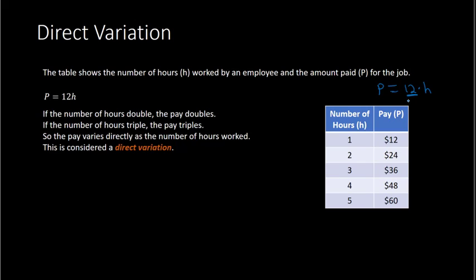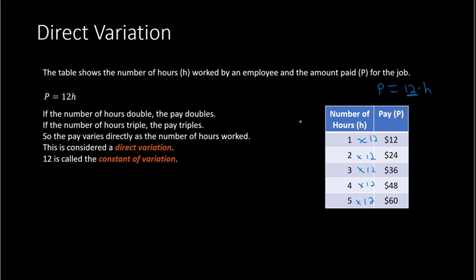This number 12 that compares the two is called the constant of variation. And it's a constant because it's a number that does not change. Each time I'm multiplying by 12. 1 times 12, 2 times 12, etc. So it's called a constant because it's not changing and it's showing the relationship between the hours and the pay.